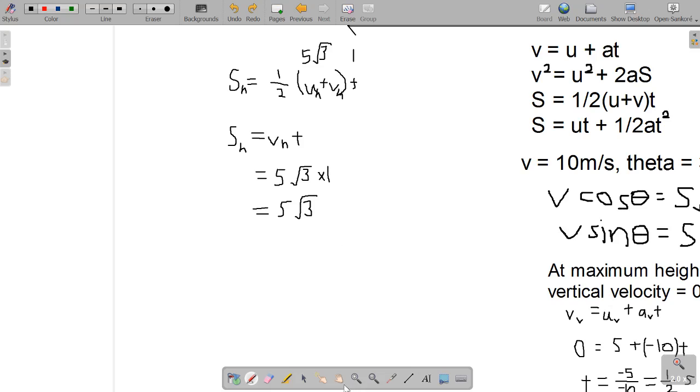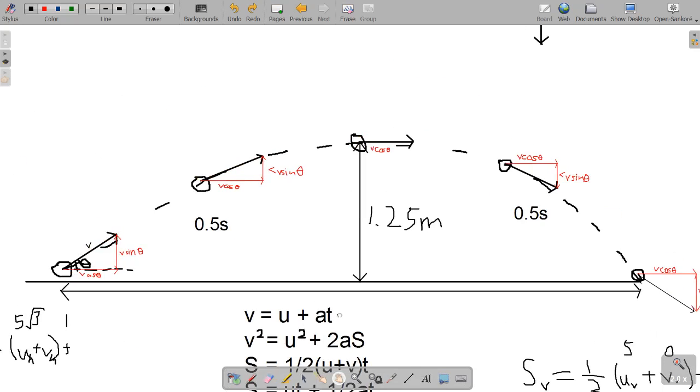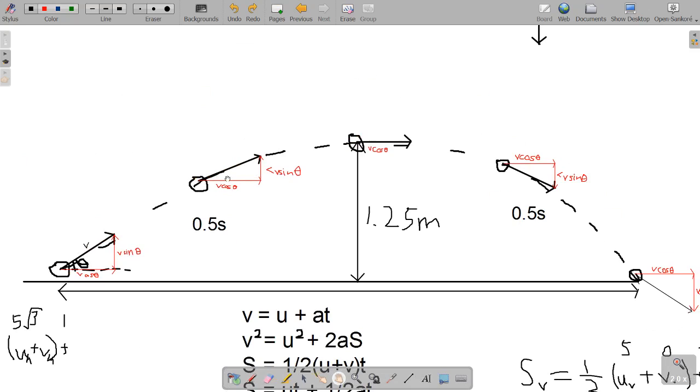And one last thing to know. What if you want to calculate the velocity at a certain point in the trip, let's say like here, you know the horizontal velocity, you know the vertical velocity, but you want to calculate the total velocity, which is like in this direction.